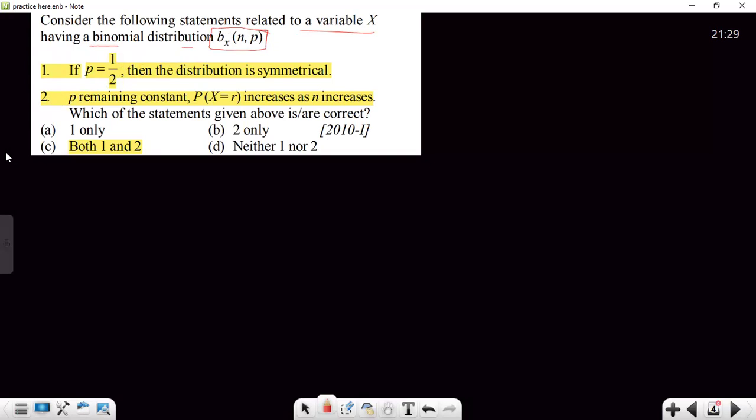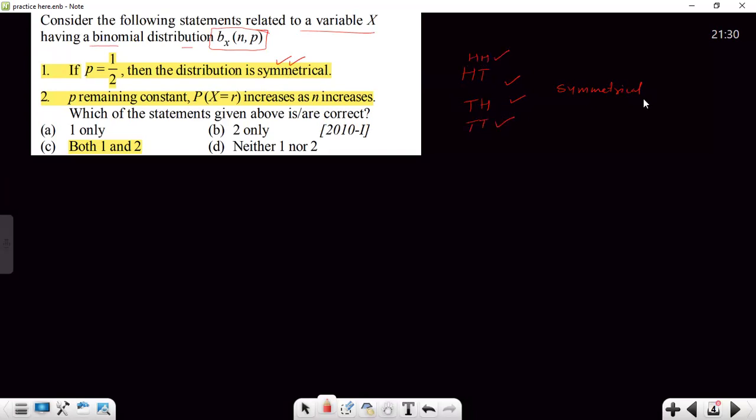Distribution is symmetrical. What probability distribution have we considered earlier? If p is half, then definitely the chances are 50%. So it's a symmetrical game, like head, tail, tail, head. They are symmetrical events. Head, head can also happen.